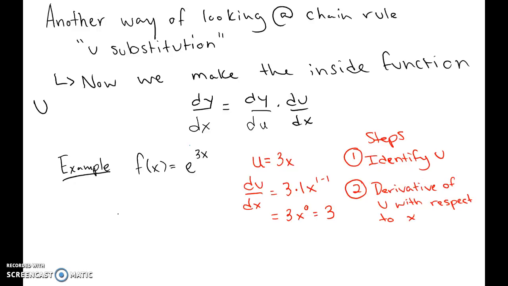Now we need to look at our function overall. So I'm going to do that in a different color. Overall, if we rewrite e with our u, instead of 3x, we've got e to the u. So then we say, well, what's the derivative of this function overall, dy with respect to u? Well, we know the derivative of e to the x is just e to the x. So the derivative of e to the u is e to the u.